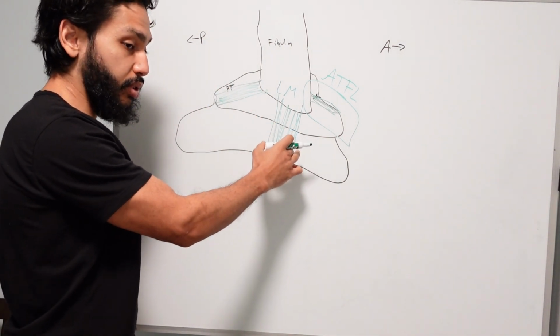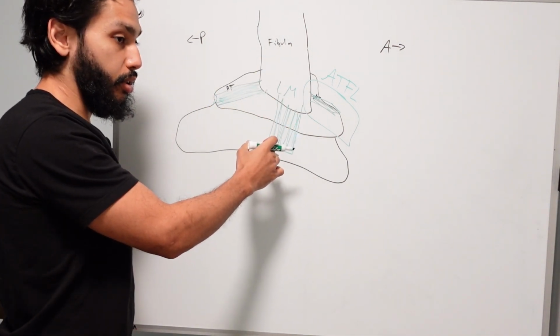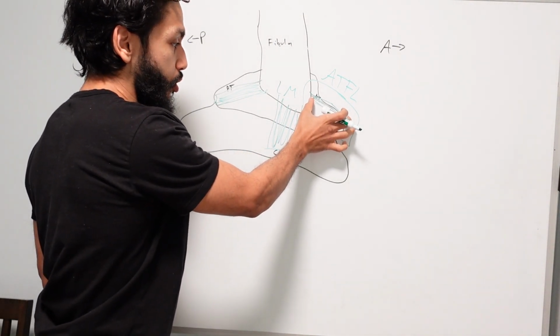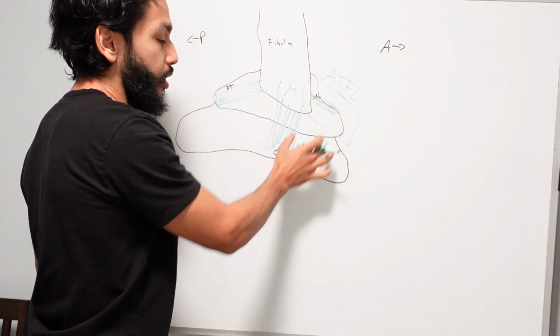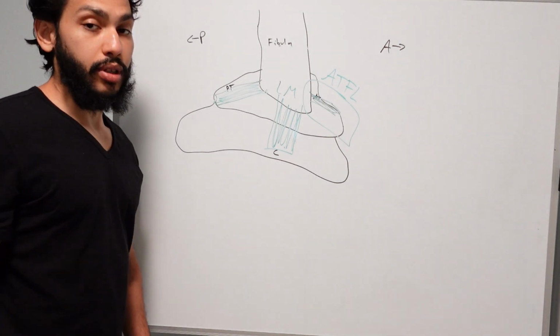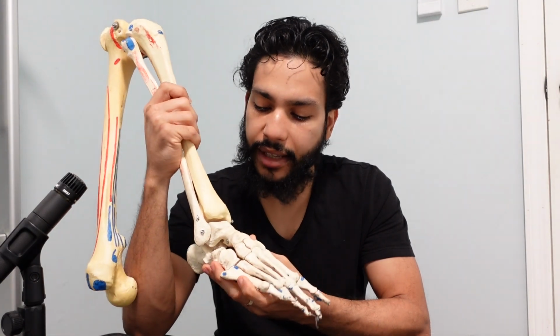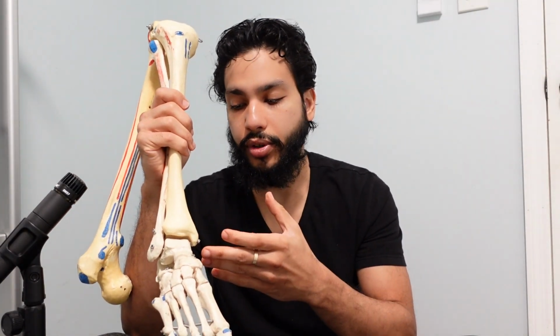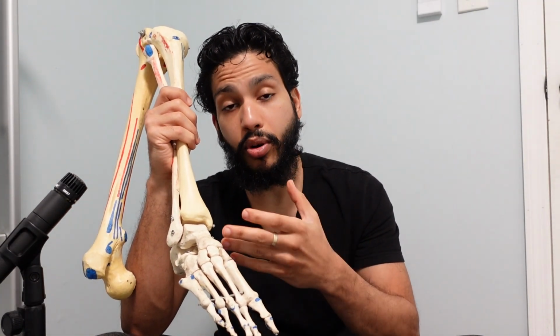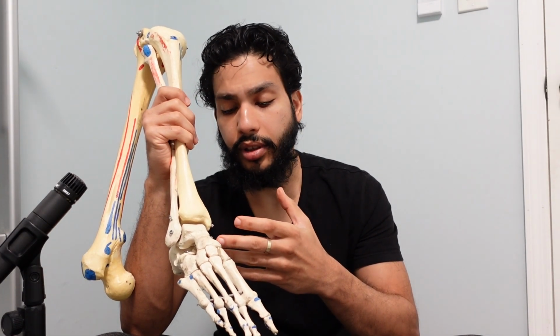And out of these 3 that make up this whole ligamentous structure, this portion right here, the ATFL, is the one that is most implicated in injuries. Okay, so now that we have that down, we can understand how the ankle joint is formed, the main ligaments that support the ankle joint, which would be the collateral ligaments.